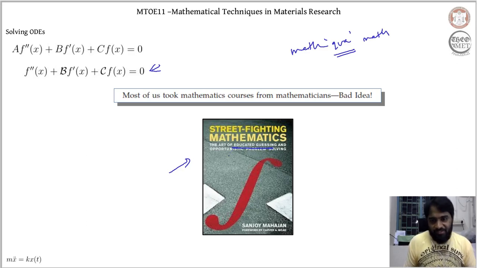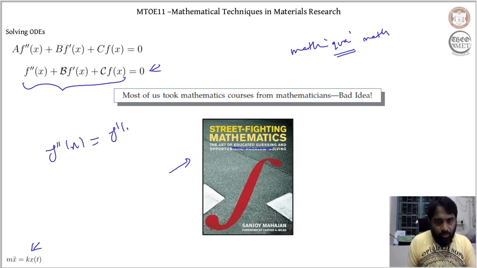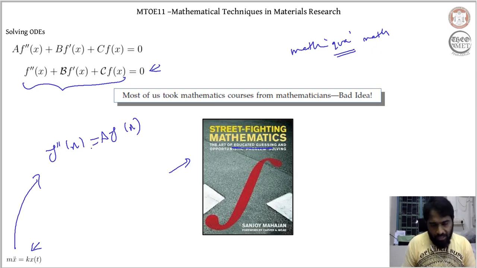To make the educated guess of our solution, let's consider a specific case of this generalized problem here. This expression can be written as: the double derivative of the function is equal to the function itself. So basically, we can rewrite one of the simplified cases of the original problem as something like this, wherein the double derivative of the function is equal to the function itself, of course multiplied with a constant.